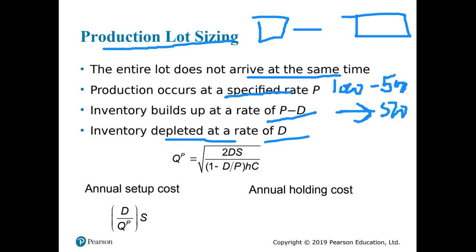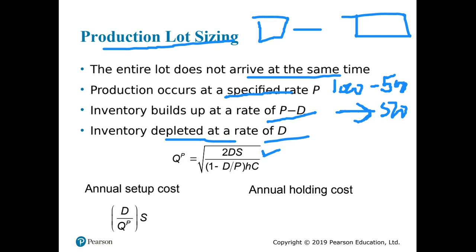So the formula for this production lot size is the square root of 2DS divided by (1 minus D/P) times H into C. In many manufacturing settings, products are made internally, not purchased.